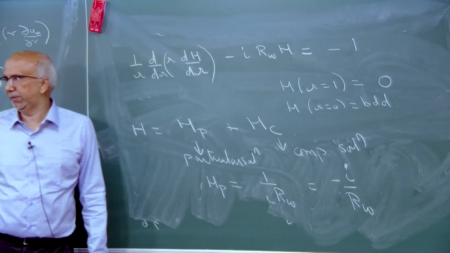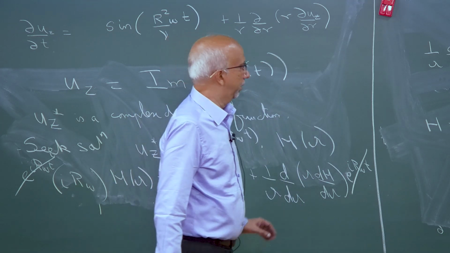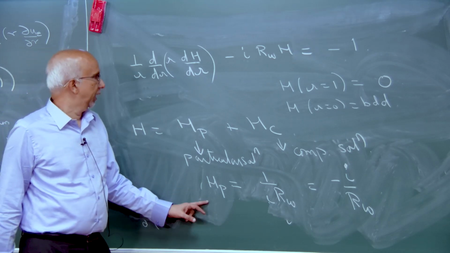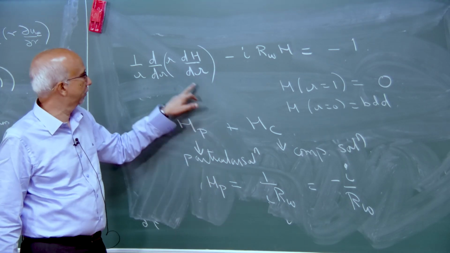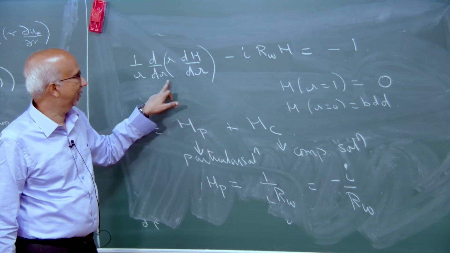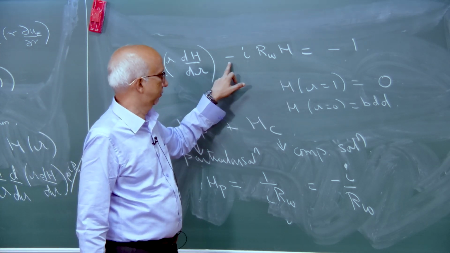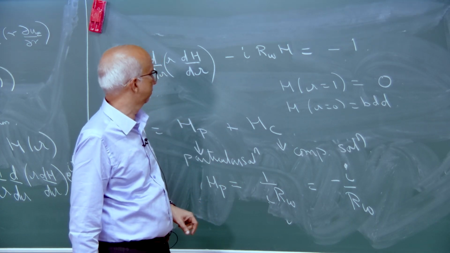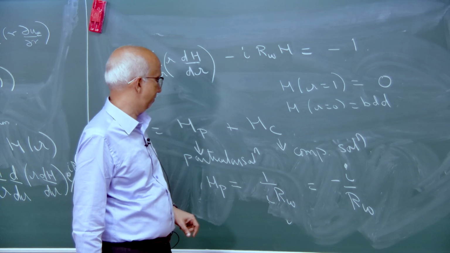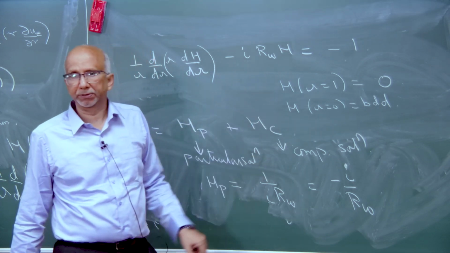So, this is my particular solution. Basically, the particular solution satisfies my differential equation. So, just substitute minus I by RW here for H, and this is perfect.